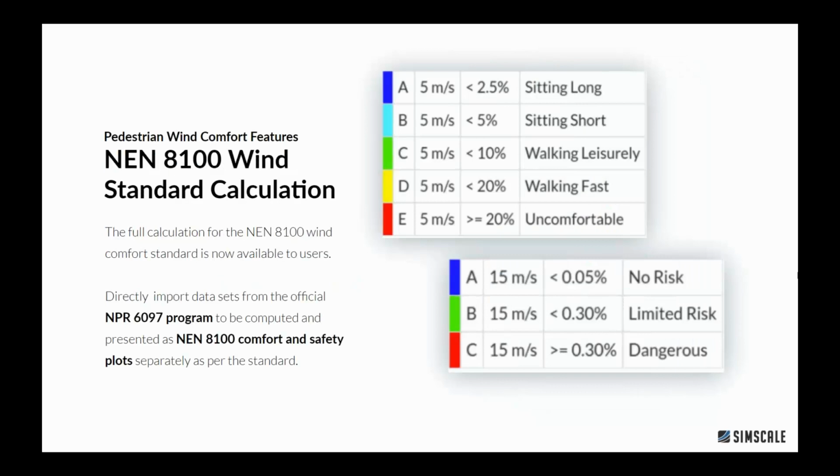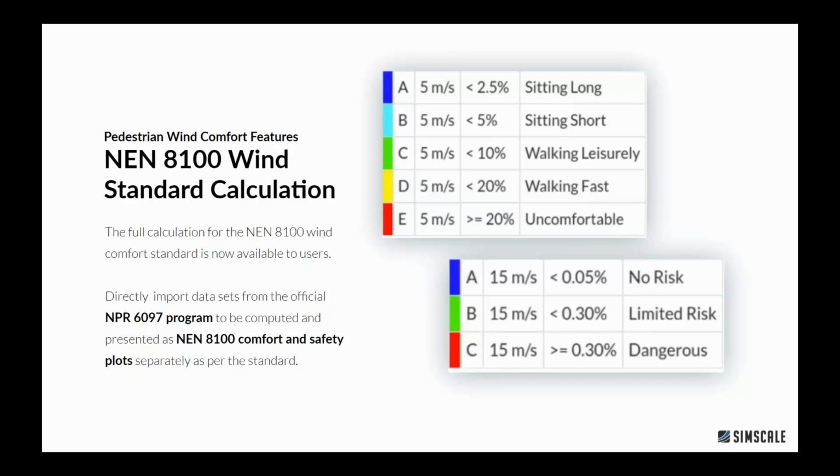The next feature is that we now have NEN 8100 wind standard calculation. This could be easily confused, as there are two NEN standards, basically the wind engineering standard and the wind comfort standard. We've had the wind comfort standard for some time.